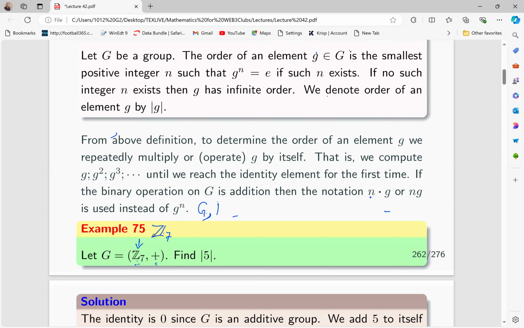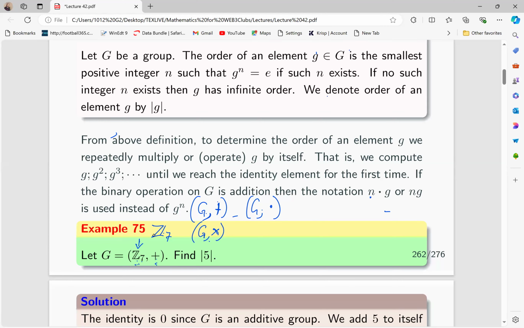So you add that so that you are specific, because there's nothing to show that it's a group under addition if you don't add the plus sign. And if it's a group under multiplication and there's nothing to show, then you must add multiplication, or you can add this dot, which also means multiplication. This is a group under multiplication, and this is a group under addition.